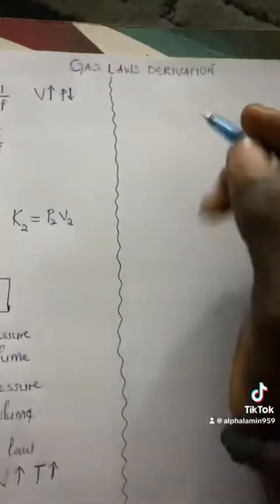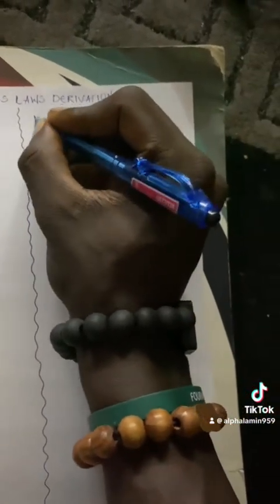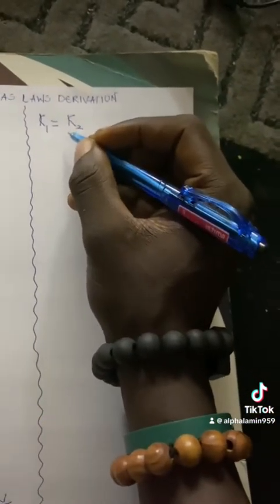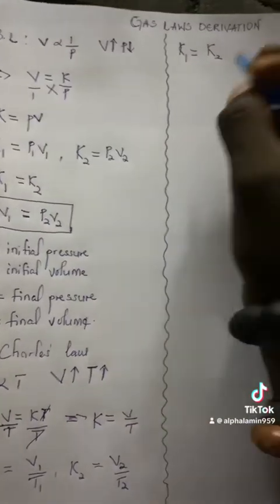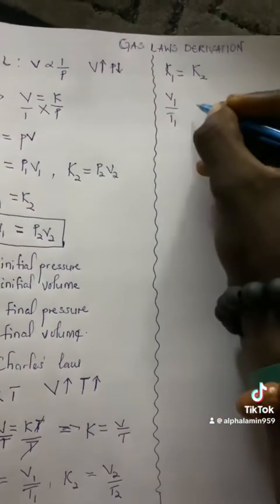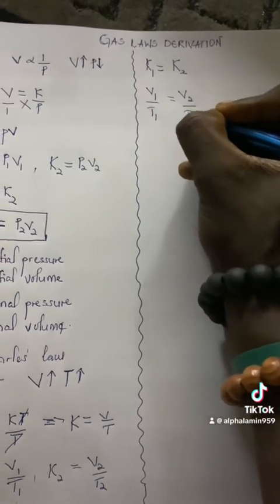Definitely we know that always the initial conditions K1 are equal to the final conditions K2. So K1 equals K2. K1 is V1 over T1. So V1 over T1 is equal to V2 over T2.